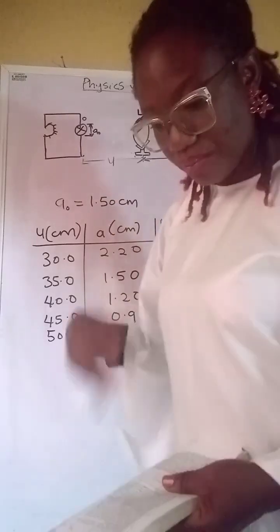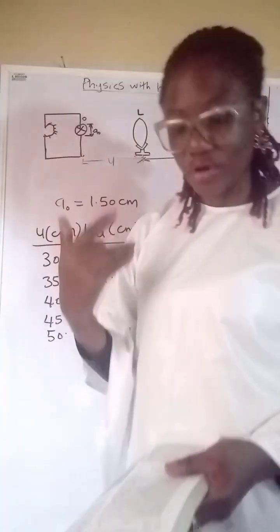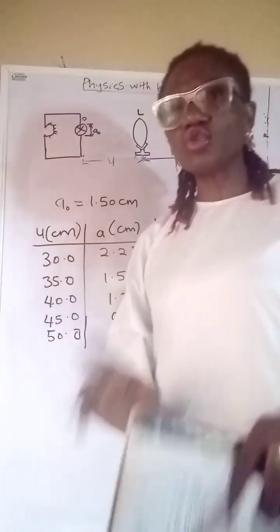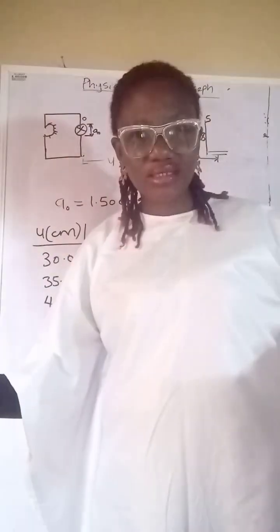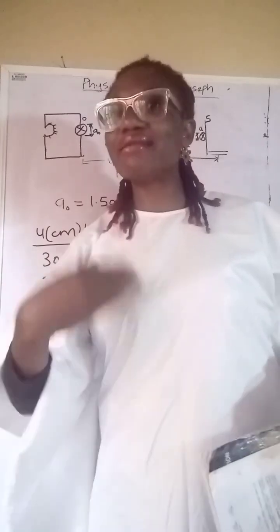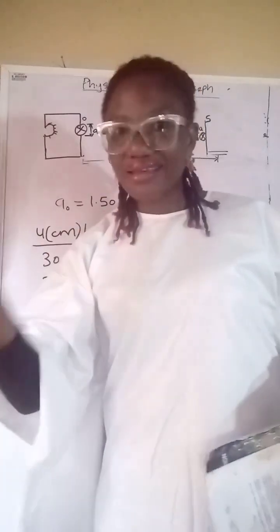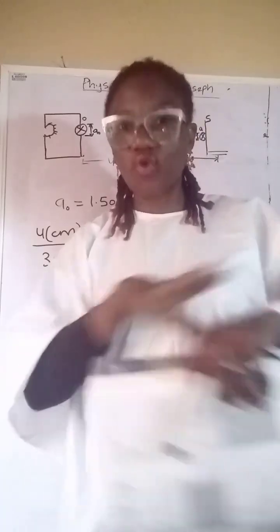Tabulate your readings. Plot a graph of m inverse on the vertical axis and u on the horizontal axis. Usually when you are able to do the first experiment on your own via the instruction given, the next one is going to be a walkover because you've understood the first one.